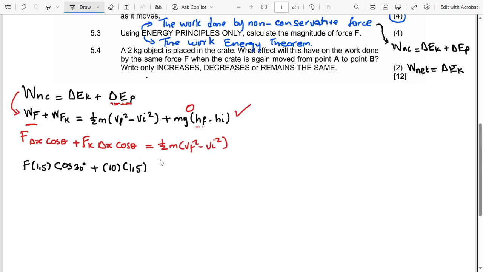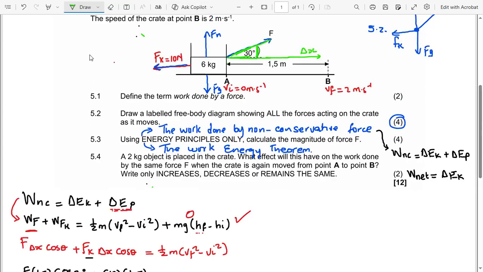But now let's talk about the angle of theta for the kinetic friction. Okay, so let me draw this down so that this can make sense. Whatever I'm going to explain, it is going to make sense. We are moving from point A to what? To point B. Right, we are moving in that direction. That is the direction of the displacement.